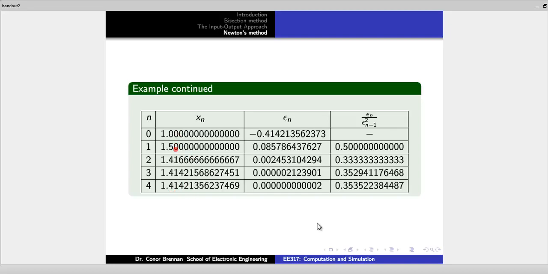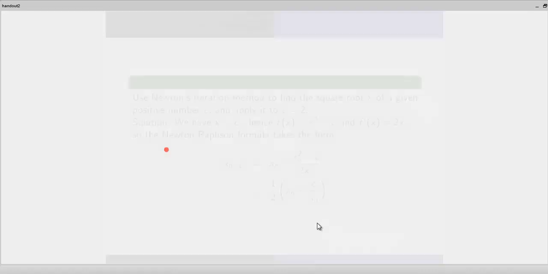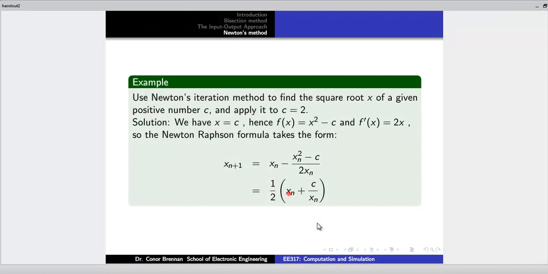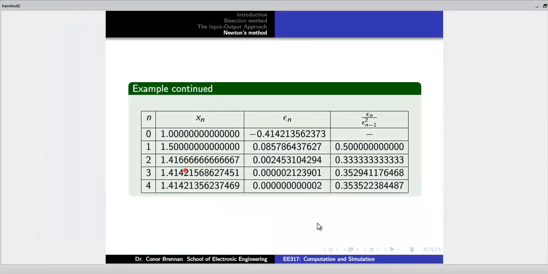So in a single step, it's got a good bit closer. You stick 1.5 into this updating expression again, you get 1.416666 recurring. Stick that back in, on and on. You get 1.414213 and so on after 4 updates. And we are correct to how many decimal places? About 9, 10, 11, count them. So after only 4 steps, you pretty much have it to machine accuracy.